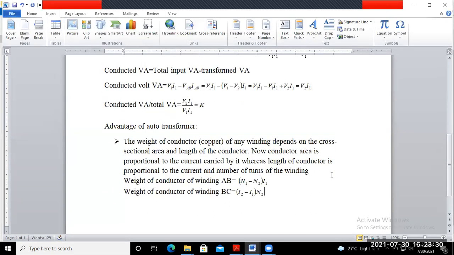Now the total weight of the auto transformer is the summation of these two windings. So you can find the total weight of the auto transformer and compare it with the two winding transformer. Just we stop here, and in the next class we will start discussing from this point.